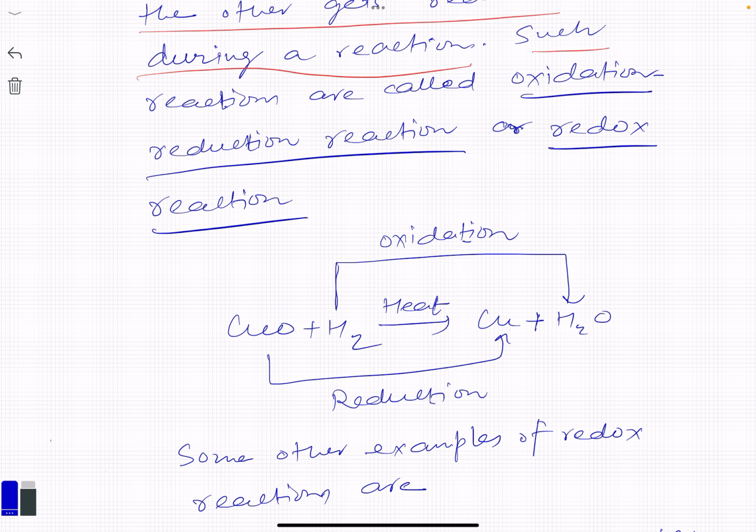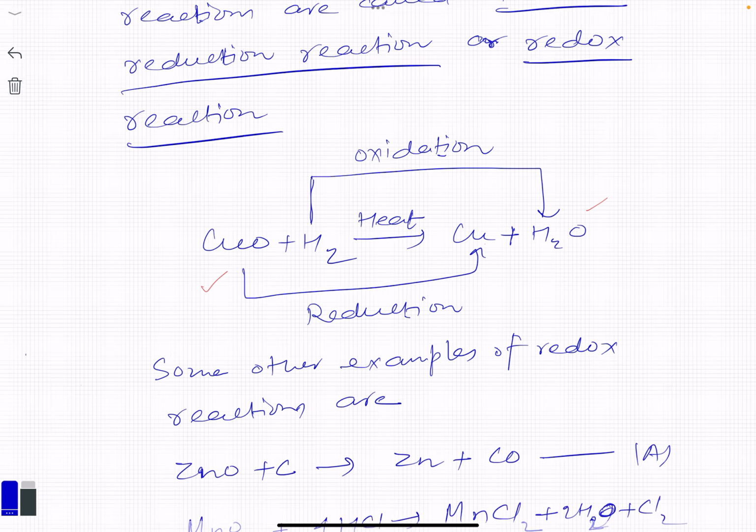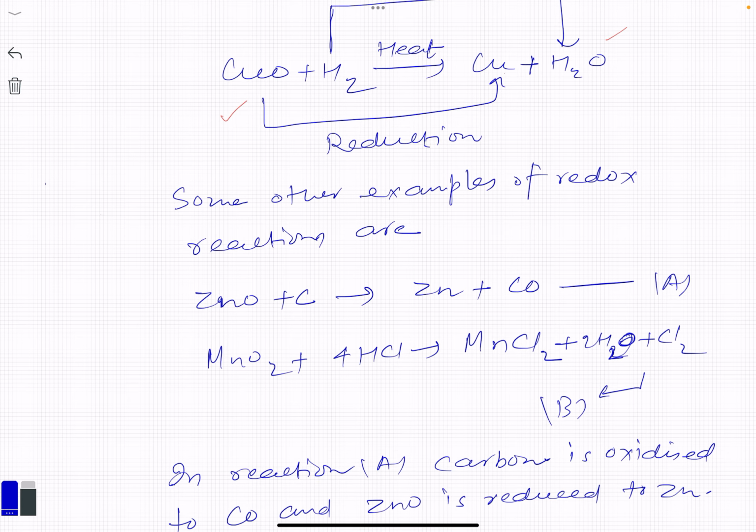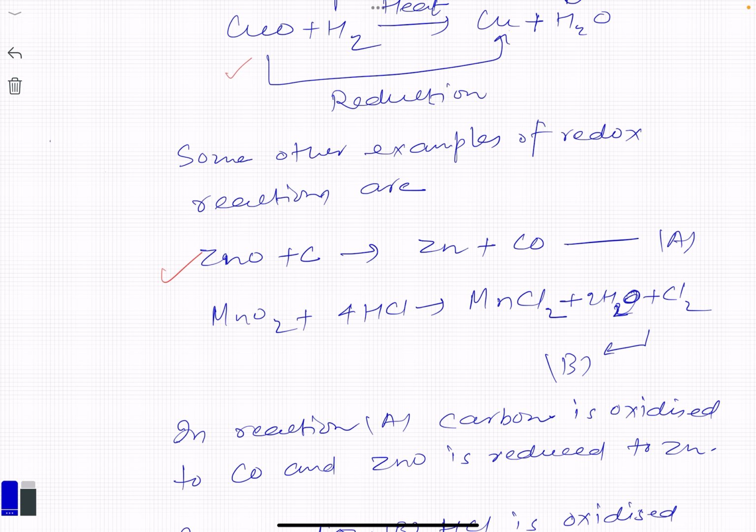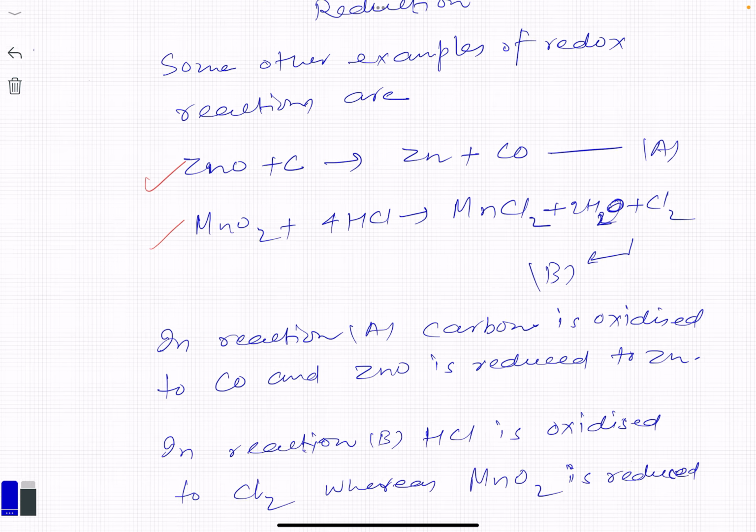In this reaction, H2 is oxidized to H2O, and CuO is reduced to copper. Some other examples of redox reactions are ZnO + C giving Zn + CO, and MnO2 + 4HCl giving MnCl2 + 2H2O + Cl2.